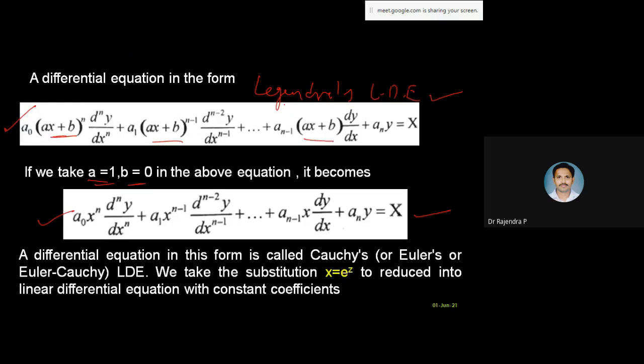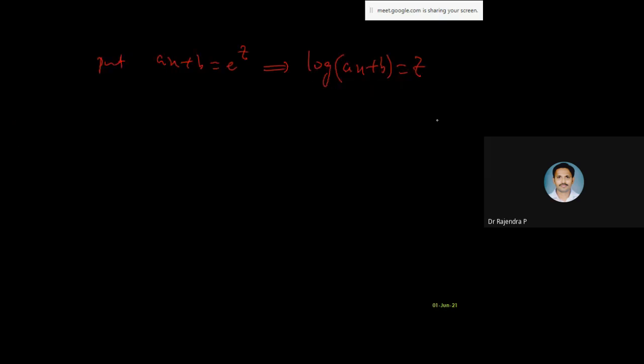While solving Legendre's linear differential equation, we take ax plus b is equal to e power z, that is, log of ax plus b is equal to z, as a substitution on the right side of the function as well as the left side.